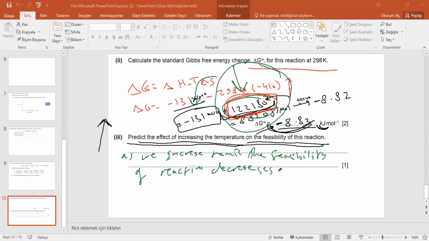The reason, guys, is that when you increase the temperature, this side gets larger, and with a negative sign it becomes a positive value. So delta G will be positive at the end. That's why the reaction will not be feasible.